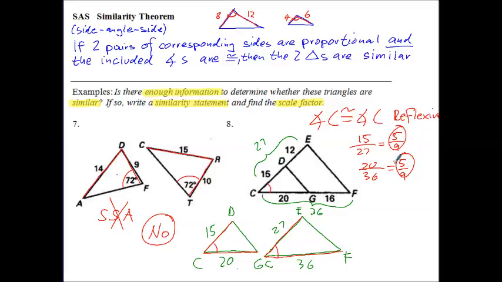We have two congruent angles which are included in the two given sides. So by the side angle side similarity theorem, we can say that triangle CDG is similar to triangle CEF.